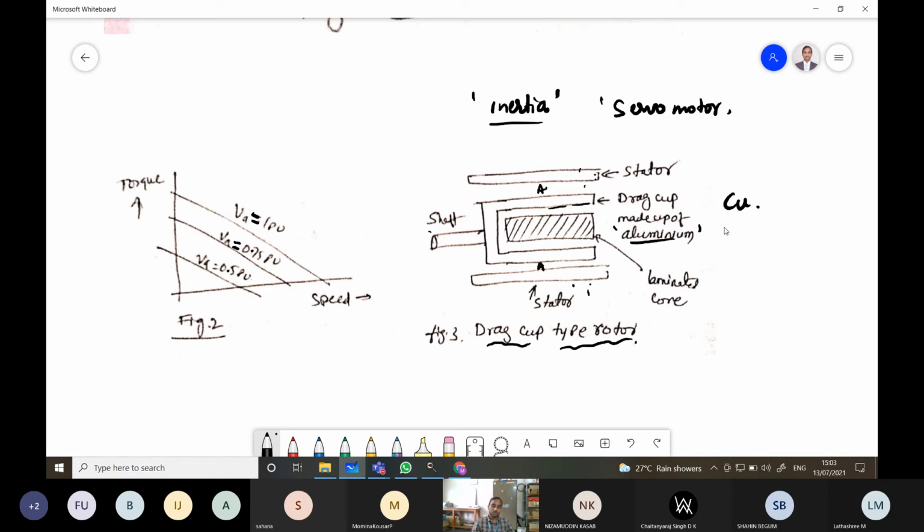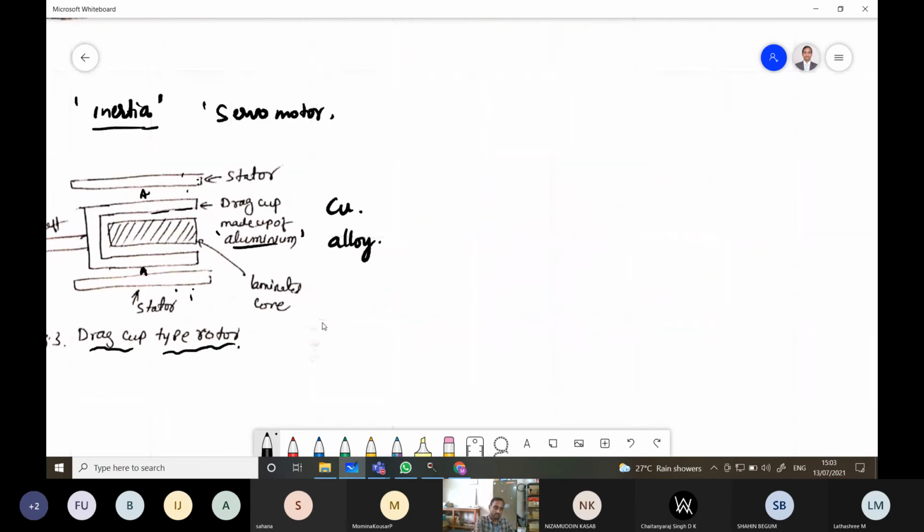Sometimes copper is also used, or you can use an alloy of different metals. So these are some of the things about the AC servo motor, and now we'll discuss some of its applications.